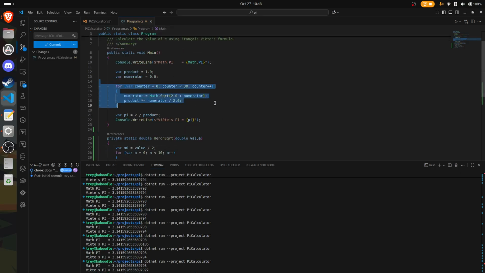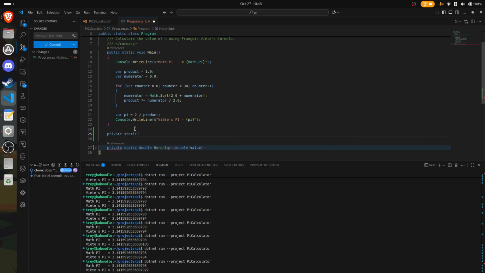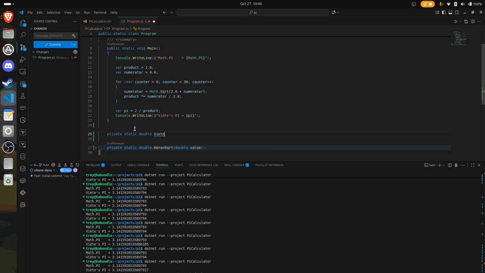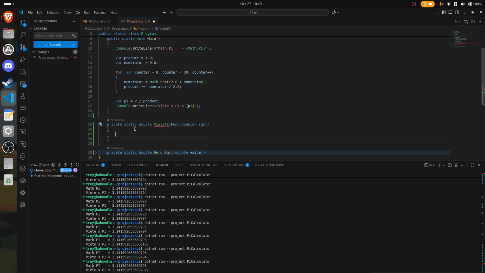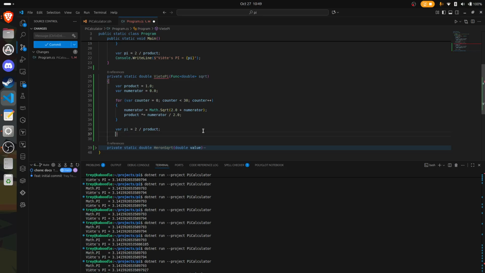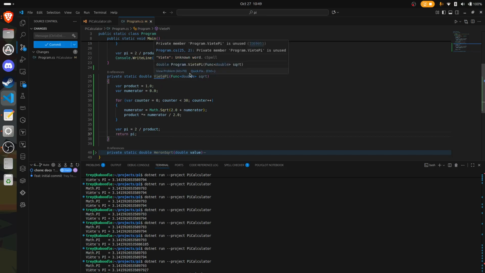So, I want to be able to inject a square root function into this. Alright, so yeah, that's a real word.